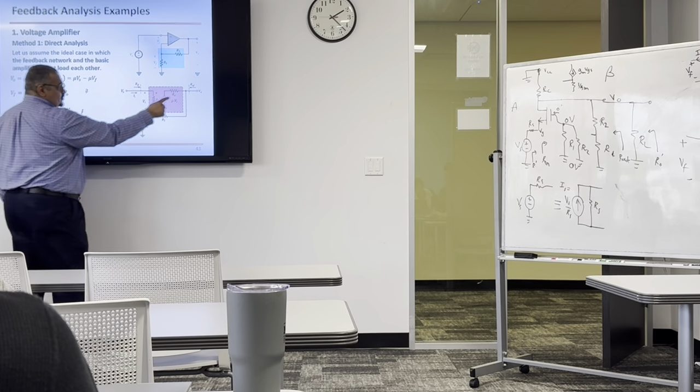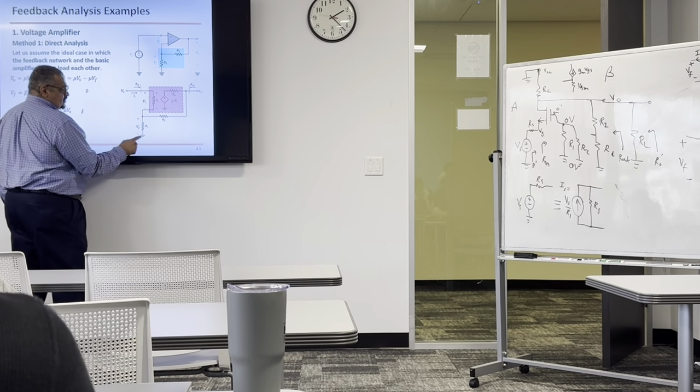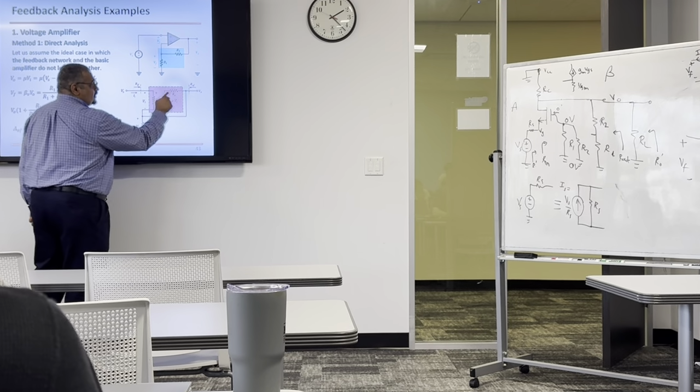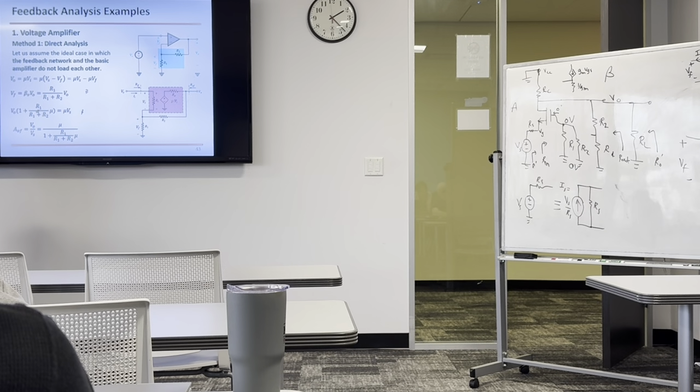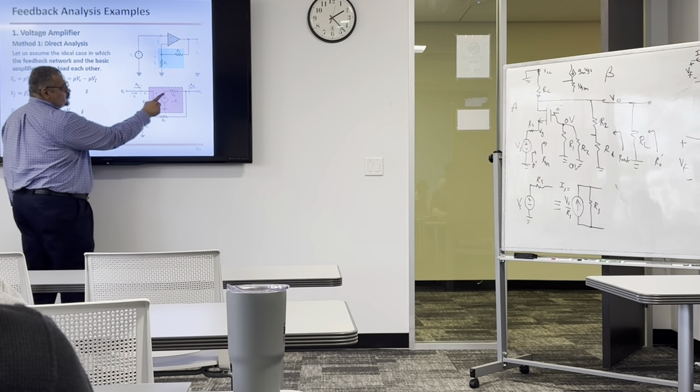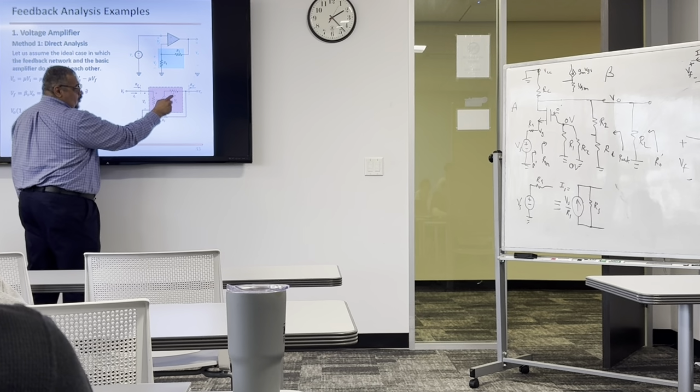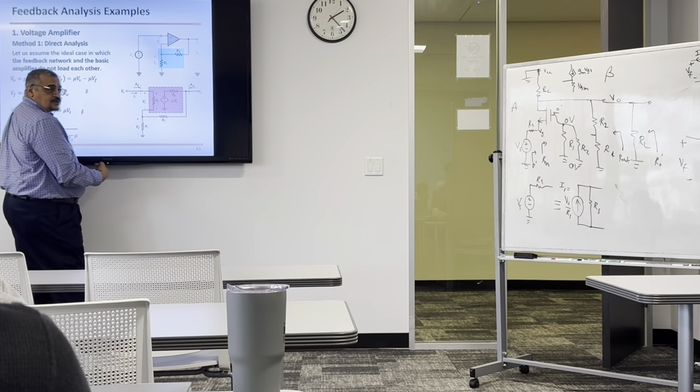If these two resistors in series are much, much larger than Rout, what's the implication of this? It means that you don't have to do voltage divider here, right? Between the RO and R1 in series with R2.